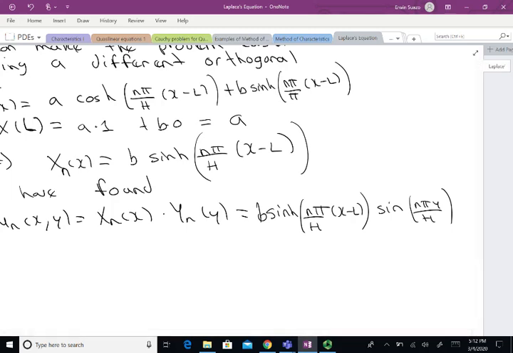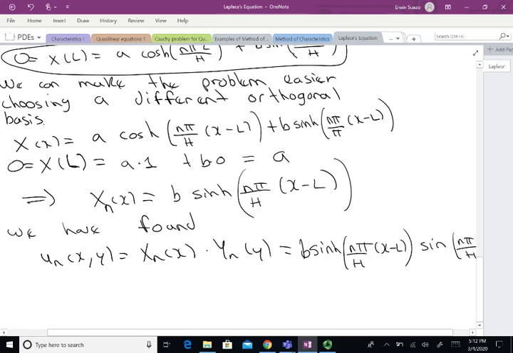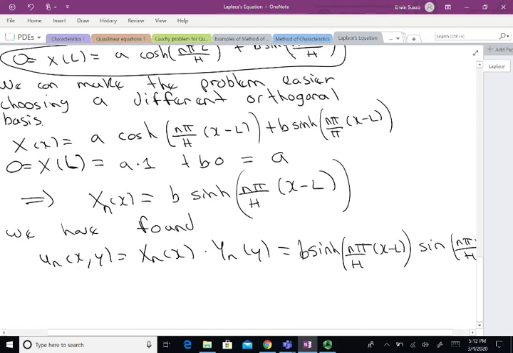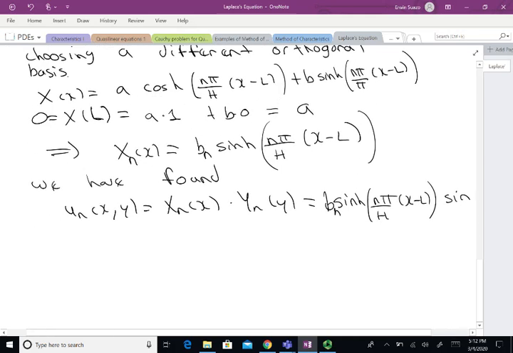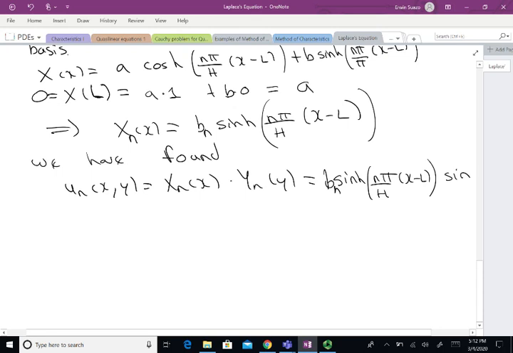Oh, I should probably put this also, this b, let's call it b_n. Okay, so my solution after superposition, so using the infinite superposition principle.